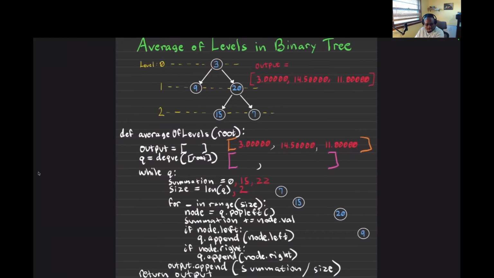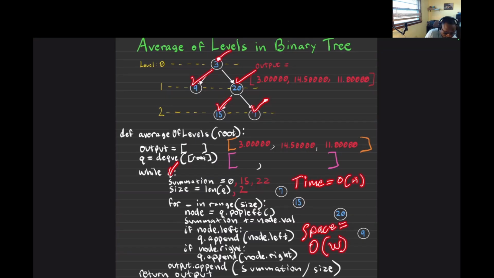So back to the drawing board now. The time here is equal to big O of n, where n is the size of the binary tree. n represents the number of nodes, because the while queue eventually processes each node in the tree. And the space is big O of W, whatever variable you want to use, just explain it.